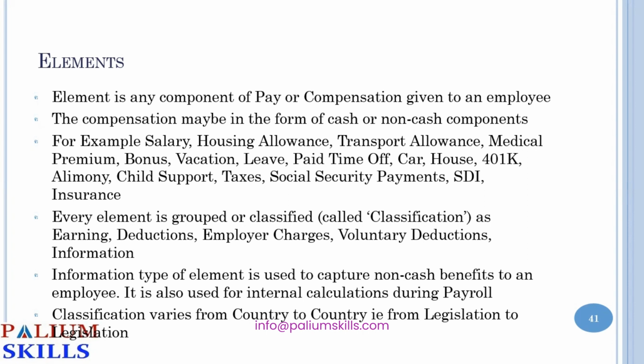Every element is grouped or classified, called classification, as earnings, deductions, employer charges, voluntary deductions, information, and so on. The information type of element is used to capture anything that you need for non-cash benefits. So that is usually not paid to an employee.